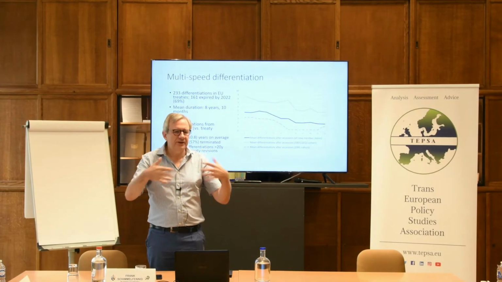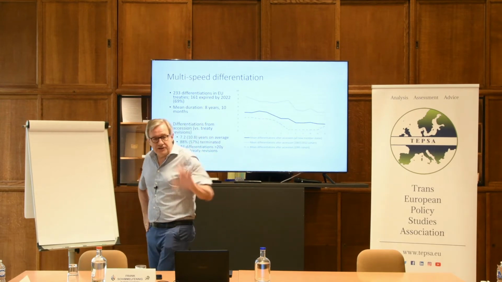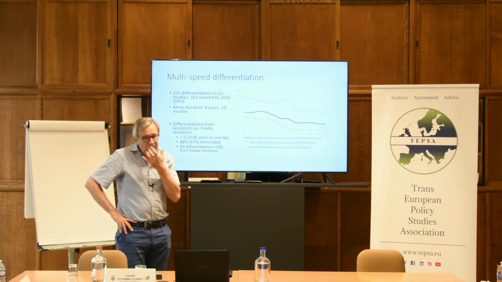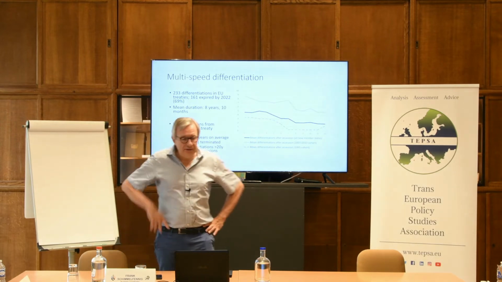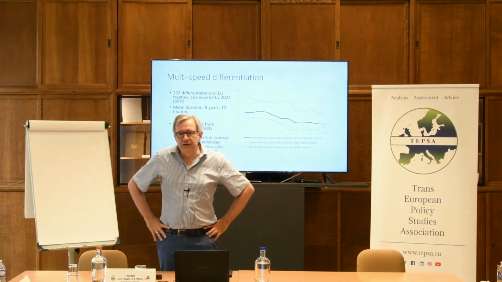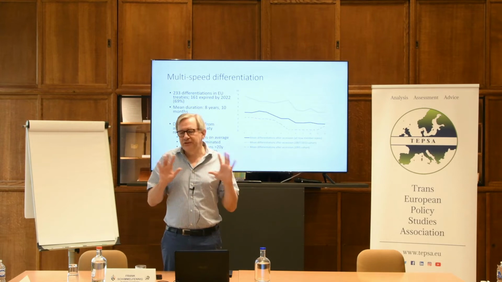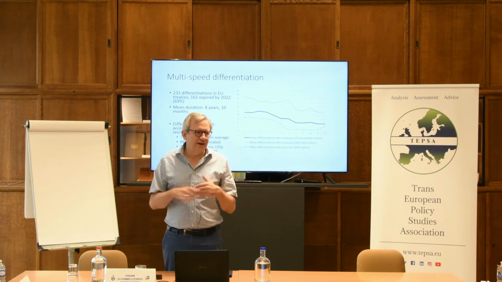And then this gives us the number of 233 differentiations in the treaty articles since 1952, of which by the end of this year, 161 will have expired. So close to 70% of the differentiations that had been negotiated are basically gone.